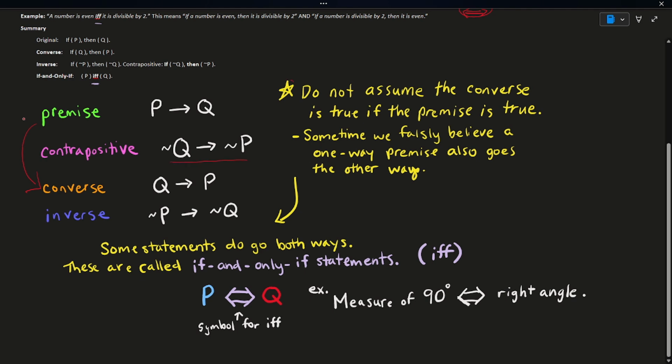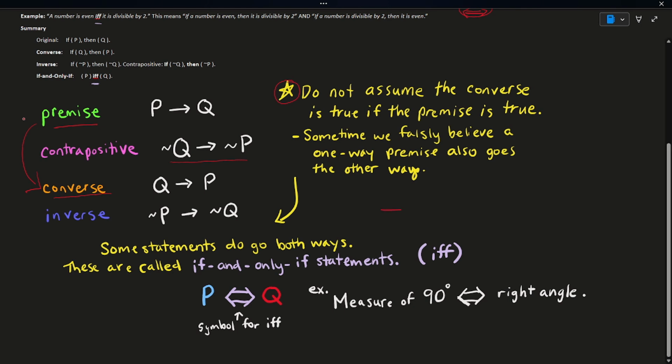All right, so here's a big star here. Do not assume the converse is true if the premise is true. We're talking about these two. These are one-way streets. We can't assume that these are true. They may be in certain instances, but you can't just assume that. You falsely believe a one-way premise also goes the other way. In some statements, they do go both ways. Those are the if and only if statements. We have this little symbol here.